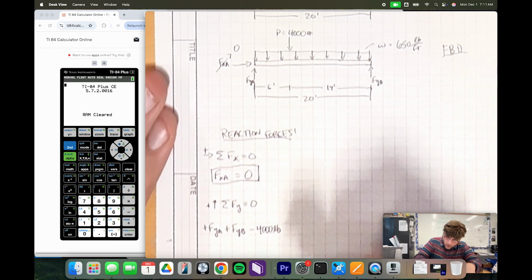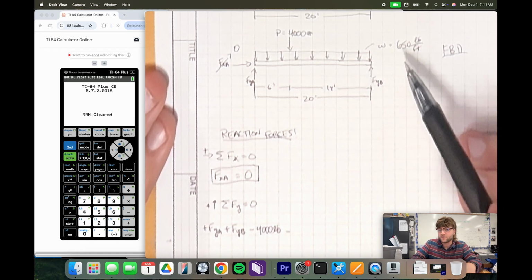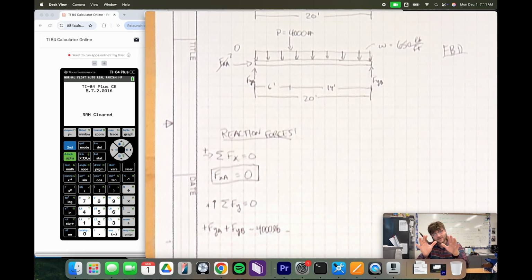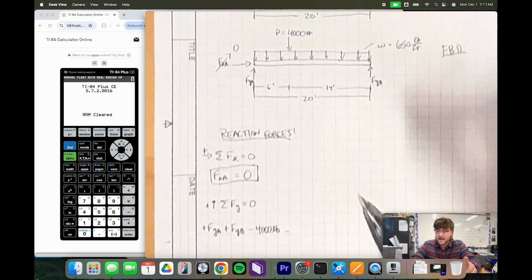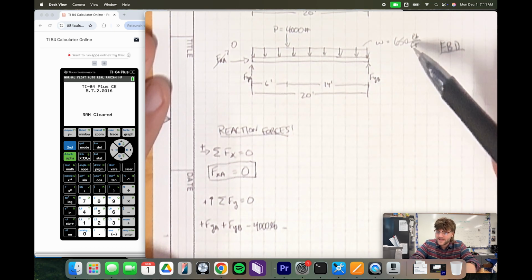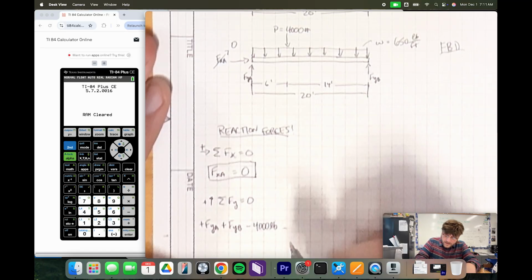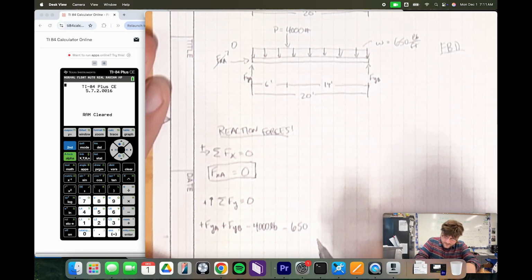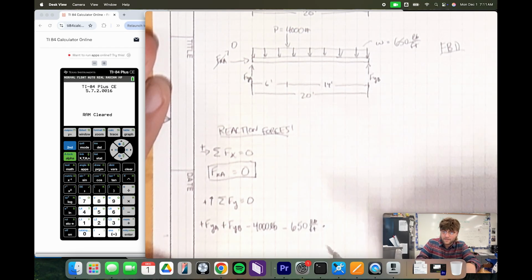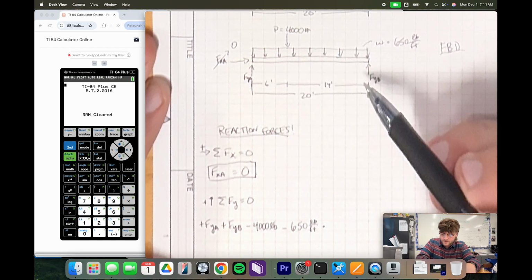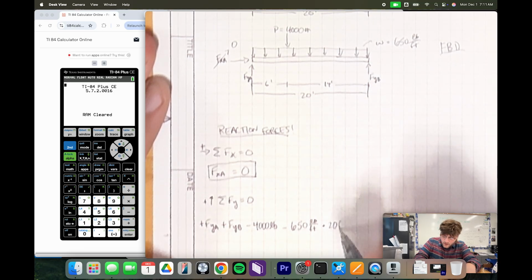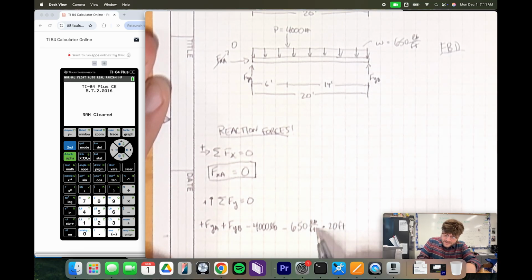Now, we're also going to subtract this uniformly distributed load. Just as I was saying when we introduced this uniformly distributed load, for each foot that is applied, it's going to give us 650 pounds. And so if we take that negative 650 pounds per foot and multiply it by the distance that it's applied, which is 20 feet, you'll notice that the units of feet cancel and we're left with pounds.